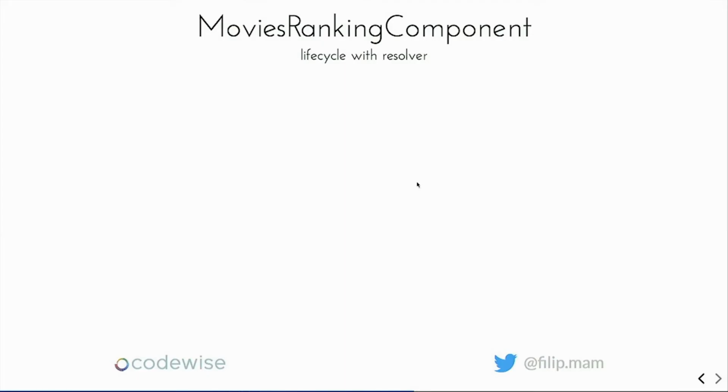And now let's have a look at the lifecycle of the component and see the difference. What's the difference between a component with a resolver and a component without it? So first, the route is recognized. The first step is the same, but the component isn't instantiated right away. Instead, Angular looks for the resolver, for the resolve method. It creates the HTTP request, sends the request and waits for it to end.